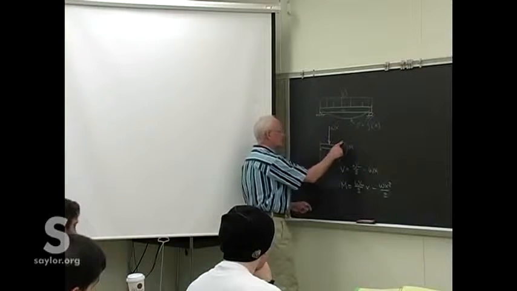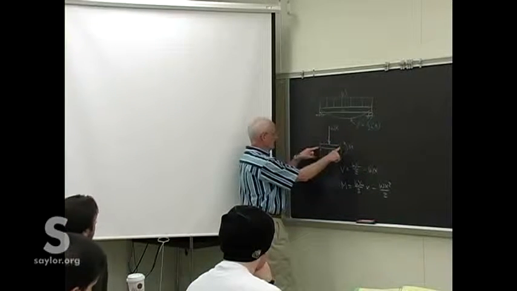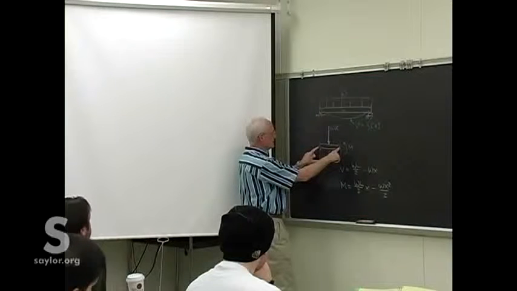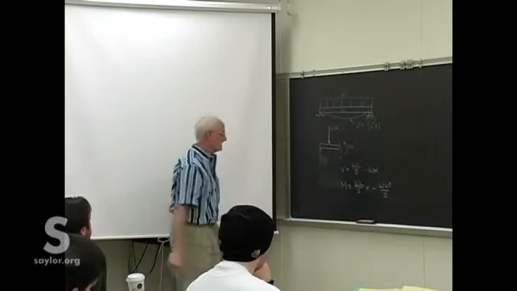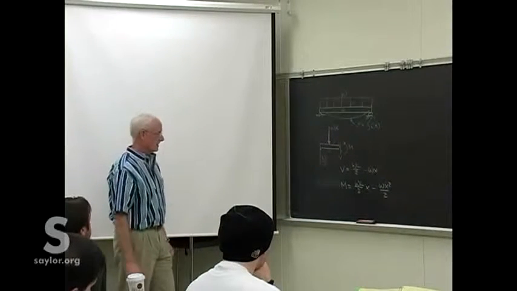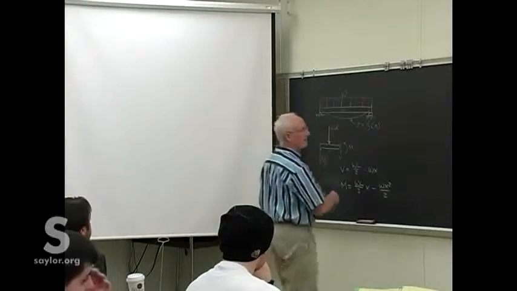This moment must equal the moment caused by the reaction plus the moment caused by the load, and there's no moment caused by the shear because that's right through that point.